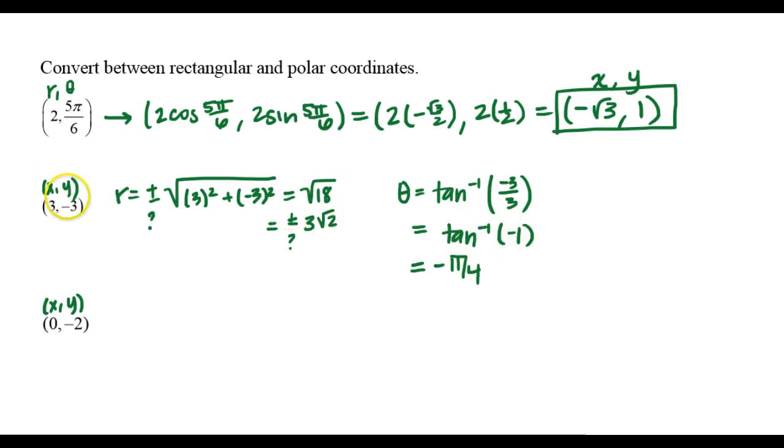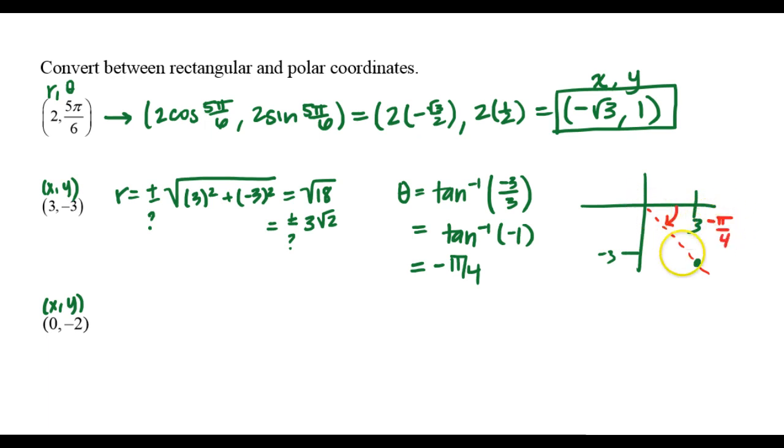So now let's think about this coordinate point on the xy plane, 3, negative 3. Where's that? That's the coordinate point we're trying to write as our polar coordinate. So negative pi over 4 is the angle, meaning we go in a clockwise direction.